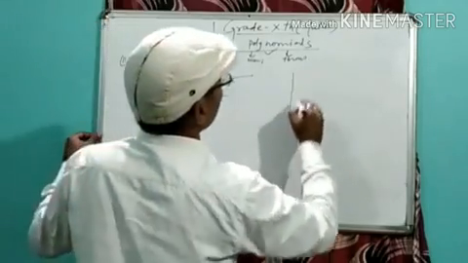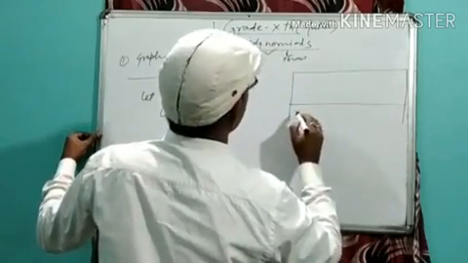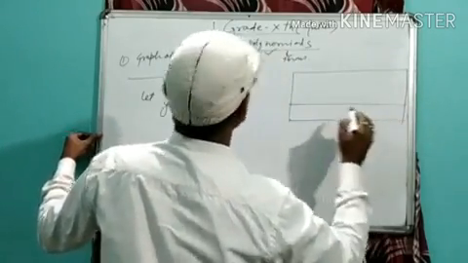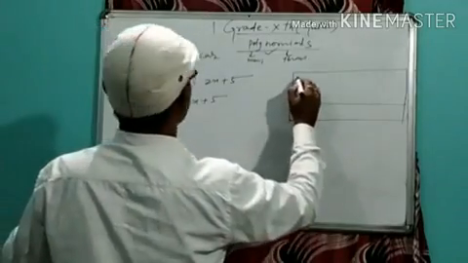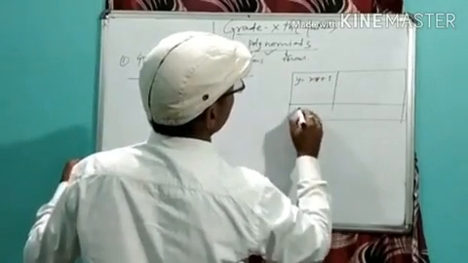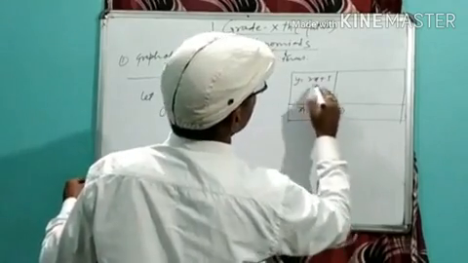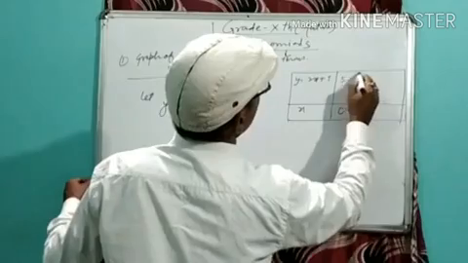To find the graph, at first we have to take values. Here y is equal to 2x plus 5. Here is x. Take 0, here y will be 5.